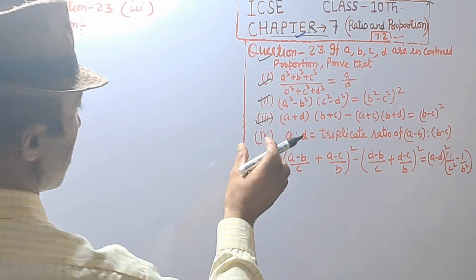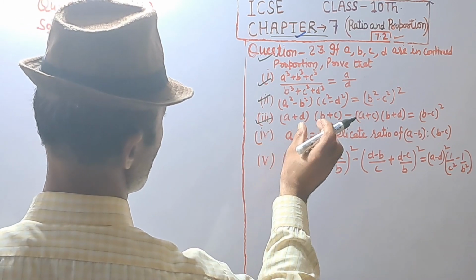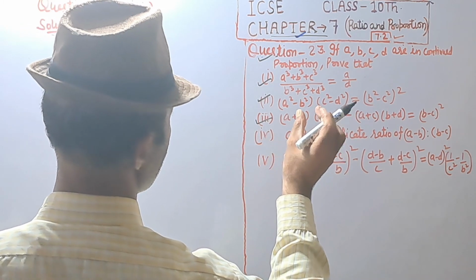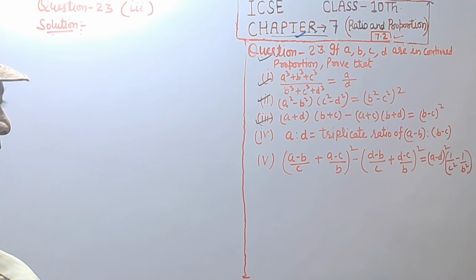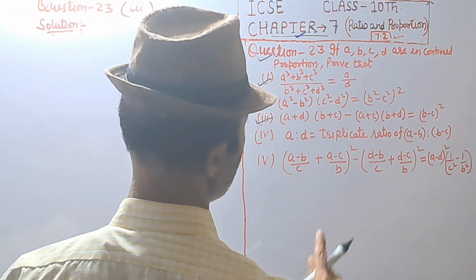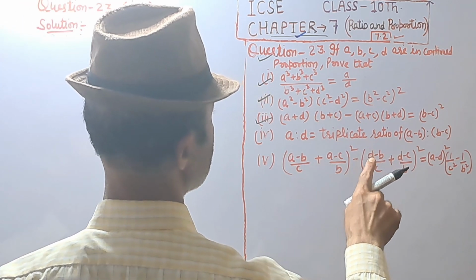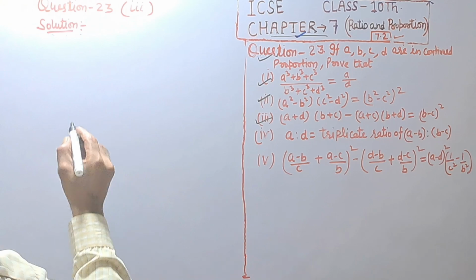Third part: (a + d)(b + c) − (a + c)(b + d) is equal to (b − c)².